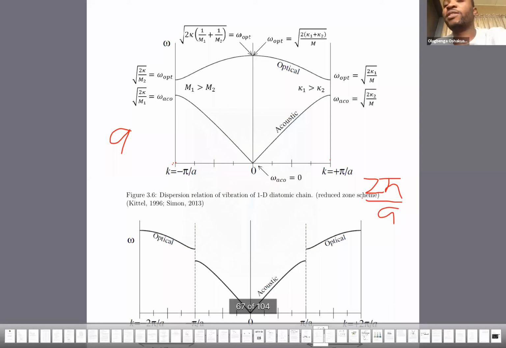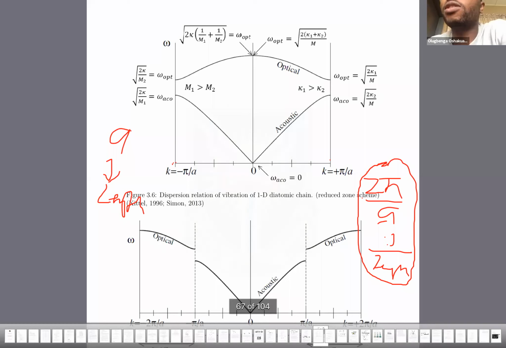So when you have length A, it will be equal to 2 pi over A. And in the direct lattice space, you notice that the unit here is something like length. But in the reciprocal lattice space, the unit is 1 over length. So measuring in the reciprocal lattice space is like measuring in units of K, units of wave vector, while the measurement in direct lattice space is measured in units of length.